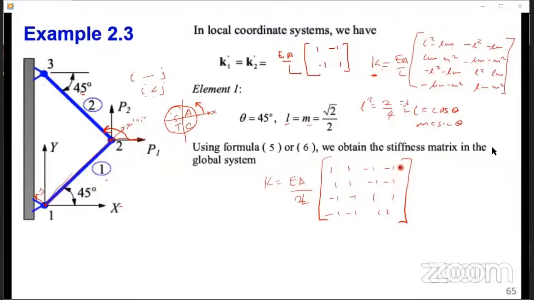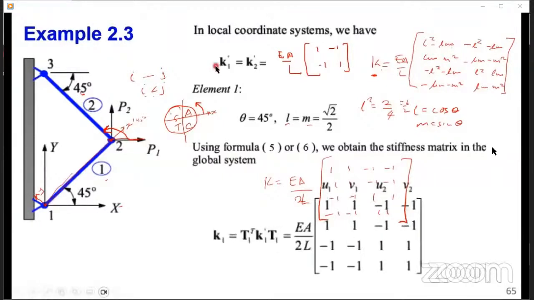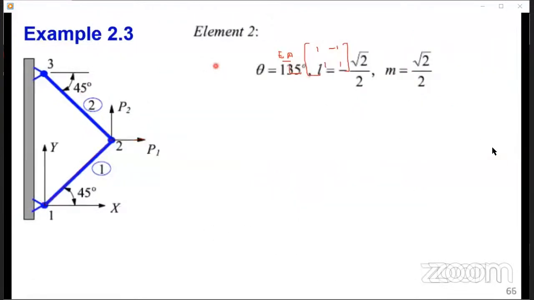Let's do the same for element 2. We have done element 1. So for element 2, theta is 135 degrees. We have agreed that we are reading at node 2 from the horizontal x-axis, so this is 135.